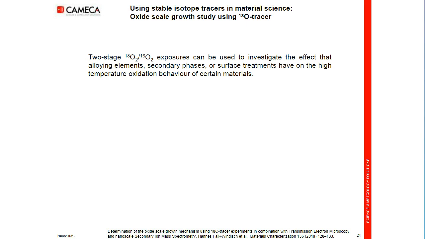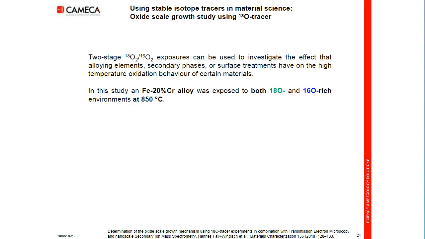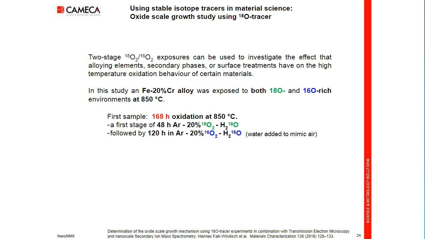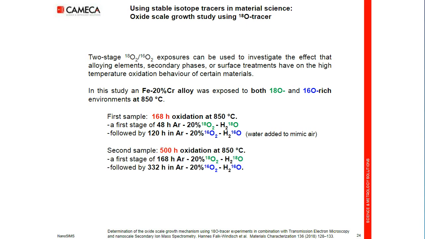In order to study this, they use a dual oxidation step using one phase of oxidation in an O18 rich environment and one phase in an oxygen-16 rich gas environment. So they have two samples, one for a shorter oxidation duration. So first oxygen-18, second oxygen-16, 168 hours, and a second one, 500 hours of oxidation.